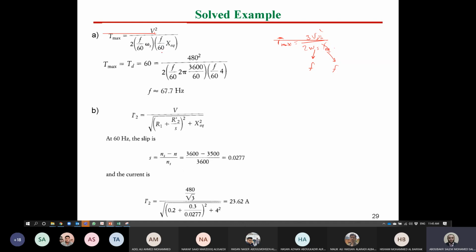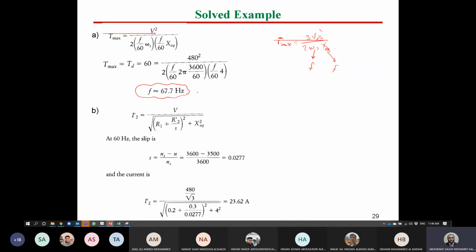Now we can substitute in the relation, and you will find only one unknown, which is F. After calculating F, the maximum or critical frequency that will stall the machine is 67.7 Hz. So in order to control this machine, you shouldn't increase the frequency to that limit, to avoid stalling the machine.